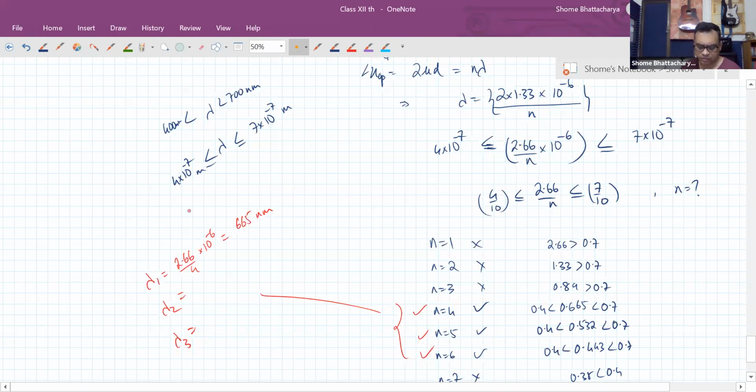Then 2.66 divided by 5. That will give us 532 nanometers. So these are the strongly transmitted wavelengths. So this will give us 443 nanometers. So these are the transmitted ones.